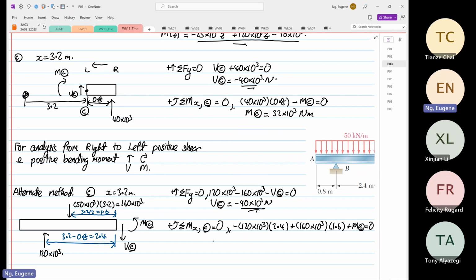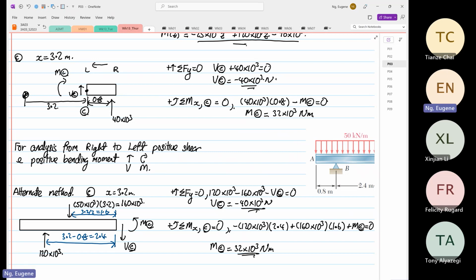So moment at point C is equal to 120 times 10 to the power 3 times 2.4 minus 160 times 10 to the power 3 times 1.6, which is equal to 32. So the values are exactly the same.